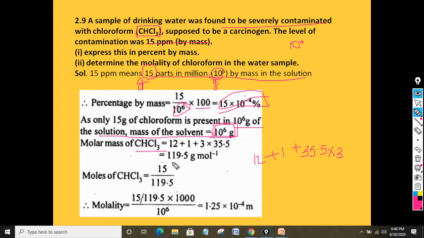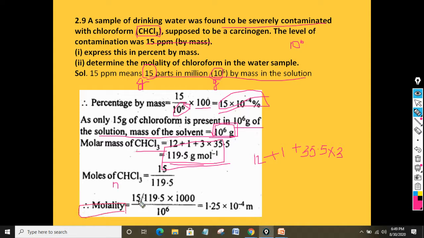So the answer comes 119.5 grams per mole. Do the calculations. Moles of CHCl3, N, number of moles, is given mass upon molar mass. Given mass 15 grams divided by molar mass, which we just calculated, 119.5. We'll let it be like this only for convenience of the calculations.